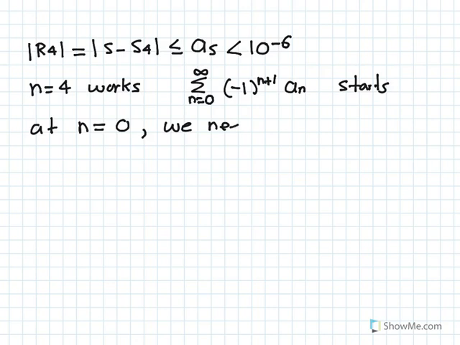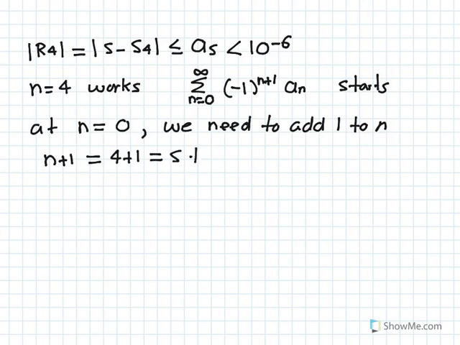We need to add 1 to n to get the number of terms needed. So we get n plus 1 is equal to 4 plus 1 is equal to 5. So 5 terms are needed.